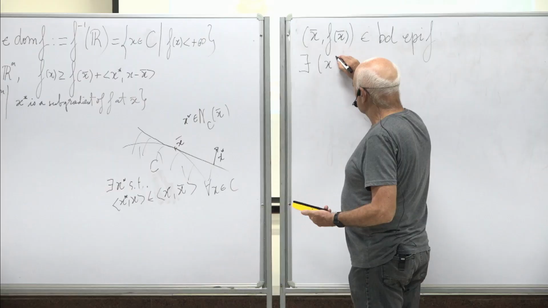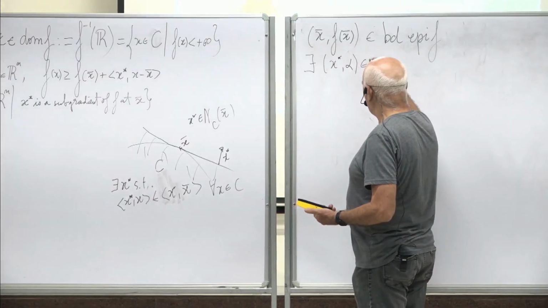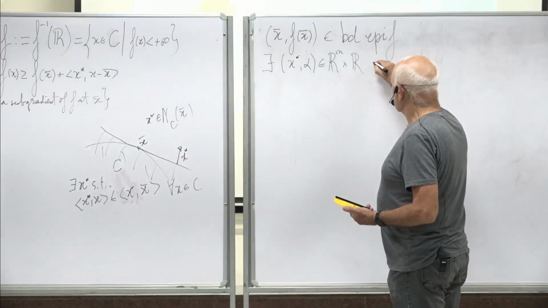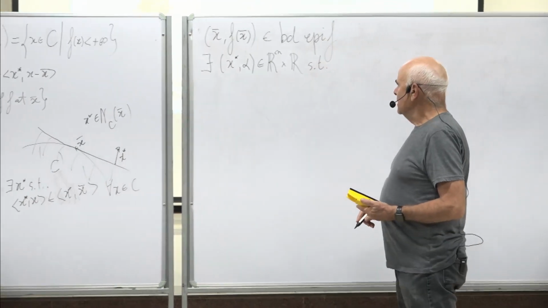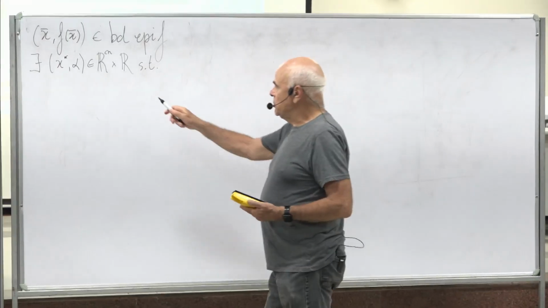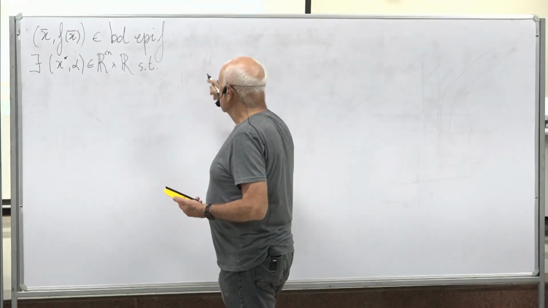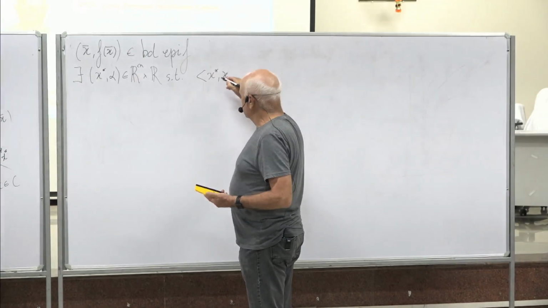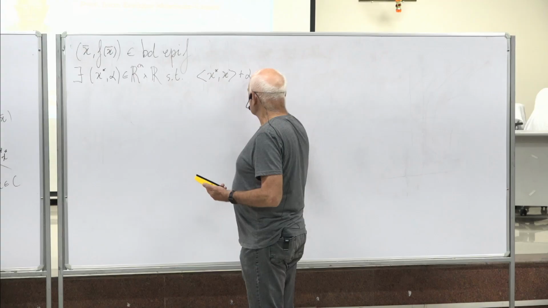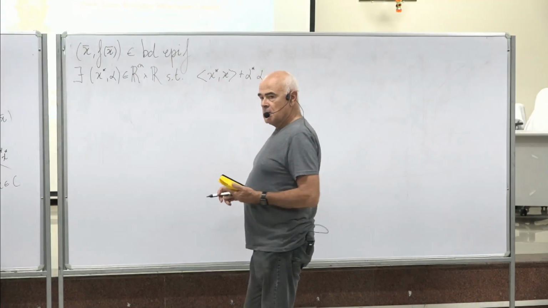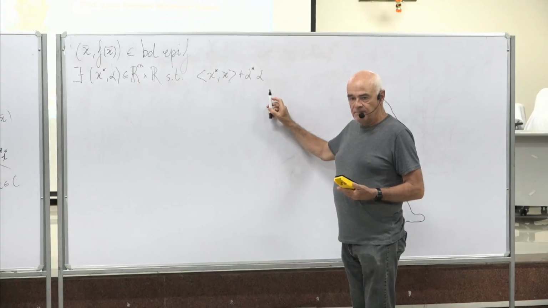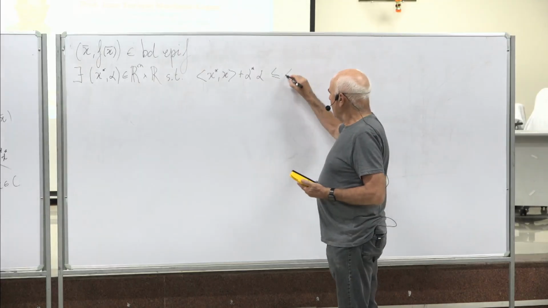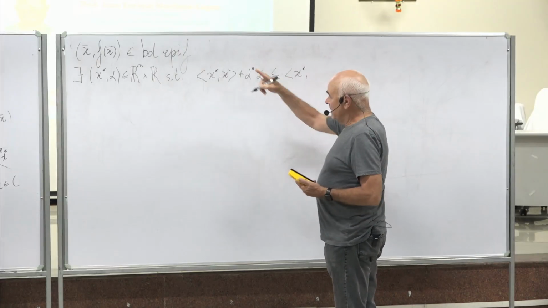So there exists a vector x star alpha star in Rn plus 1, such that the linear function it defines on Rn plus 1, so on vectors of the type x alpha, attains its maximum at the boundary point.